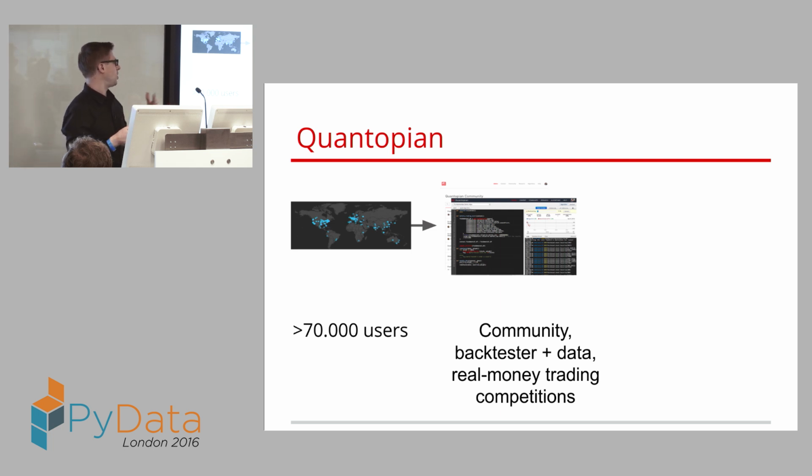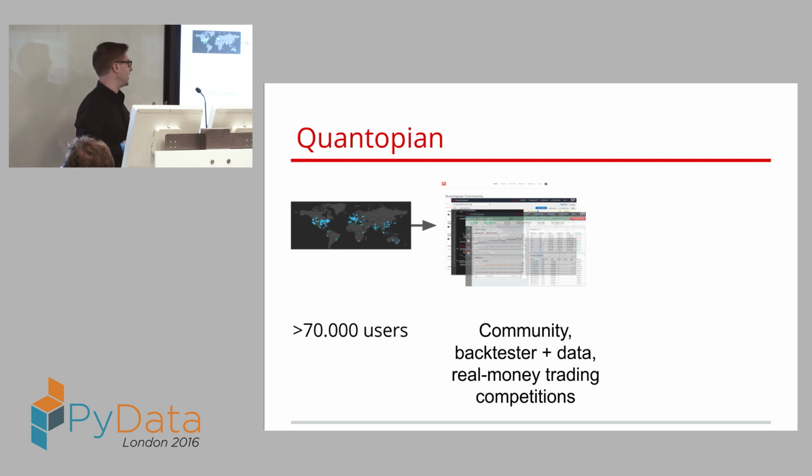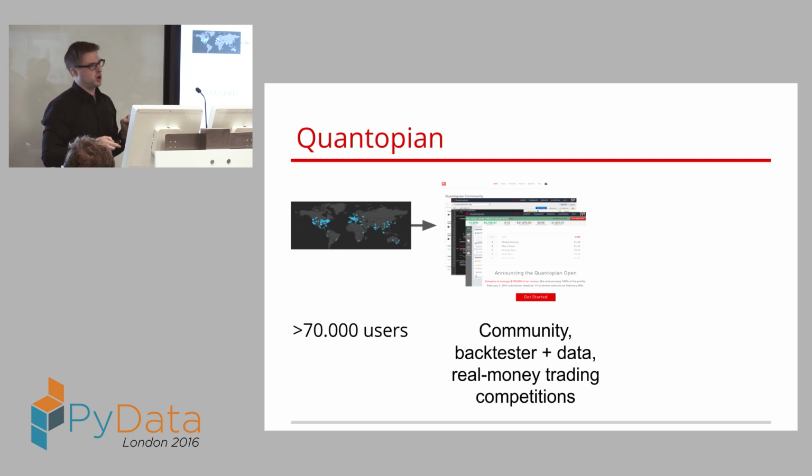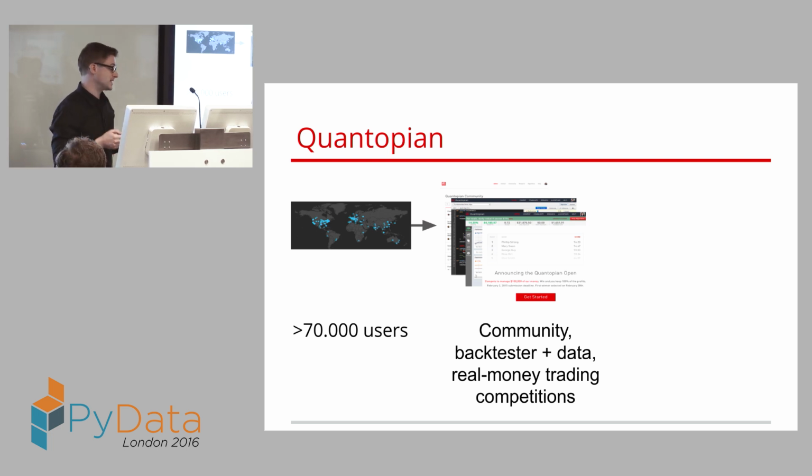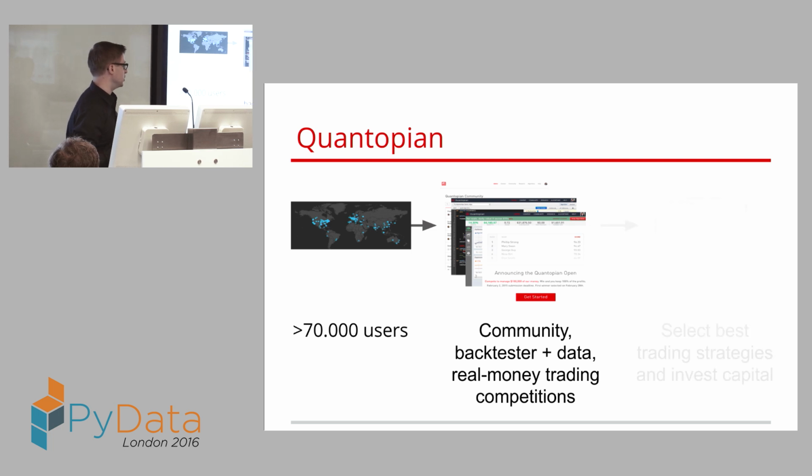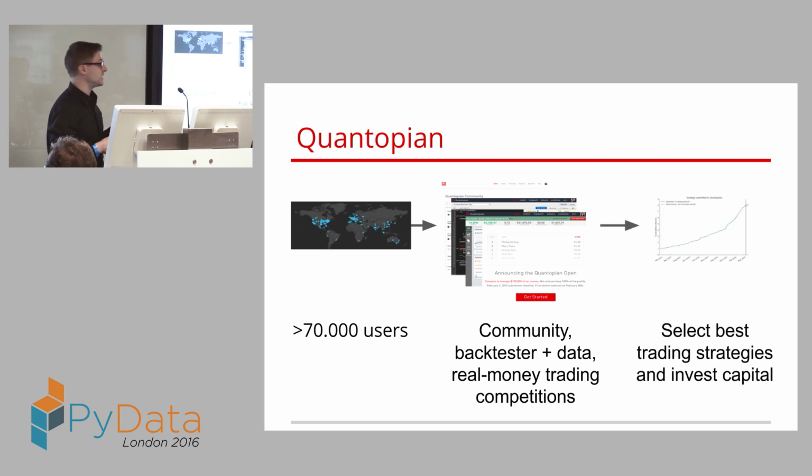You can then deploy them in the market with real money trading. We have trading competitions where you can win money. But mainly our business model is then in detecting the talent out of that pool of 70,000 users. We hope that, we know that some of those actually really know what they're doing and have a talent for this. And then actually we invest outside capital in these strategies, and we share the profits with the quant.